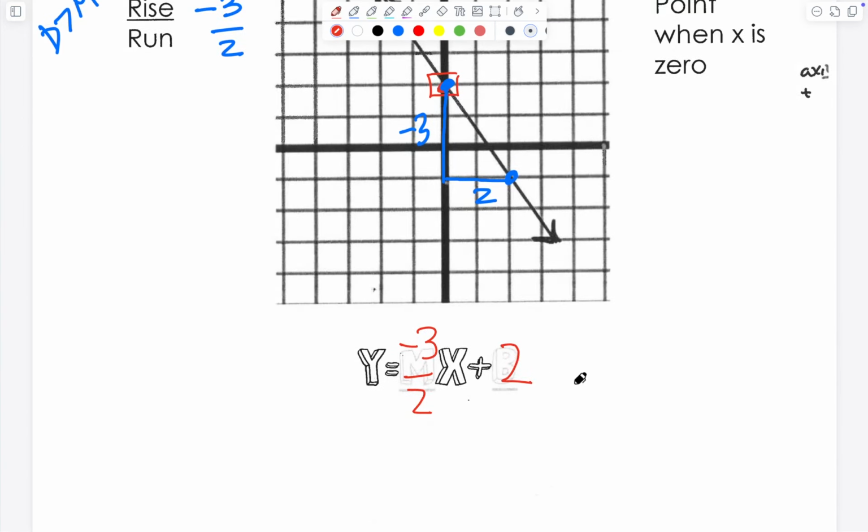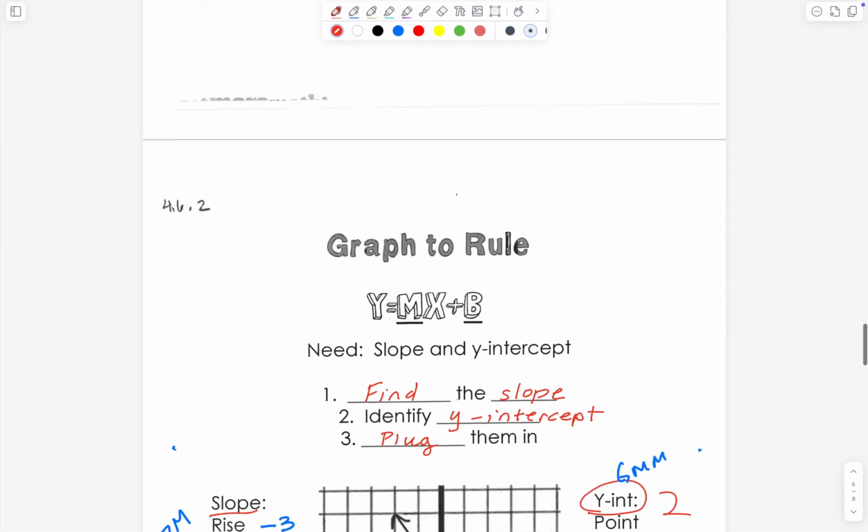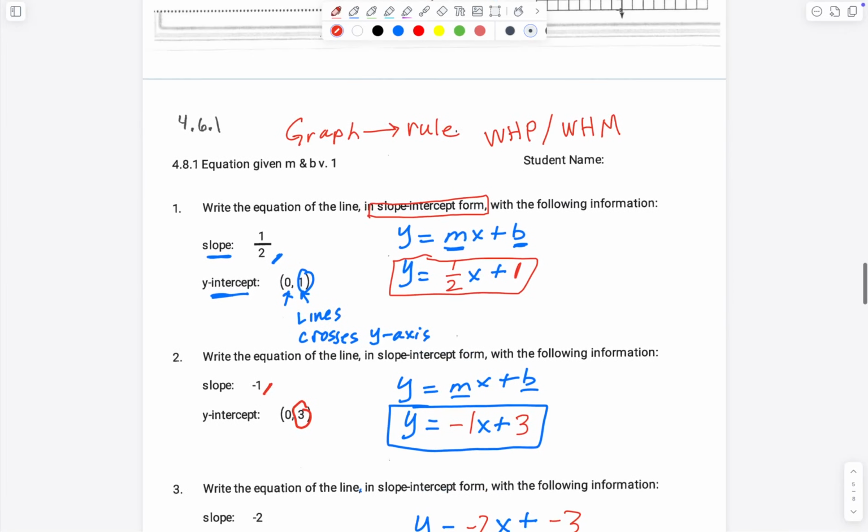Now on IXL, you might have to put y equals negative 3 slash 2x plus 2. Not sure of the format. I don't know if it gives you the fraction or if you have to put it that way. And that is it for that lesson. So that again is for the skills WHP and WHM. So that will help you for those.